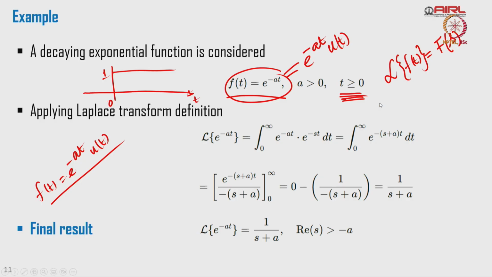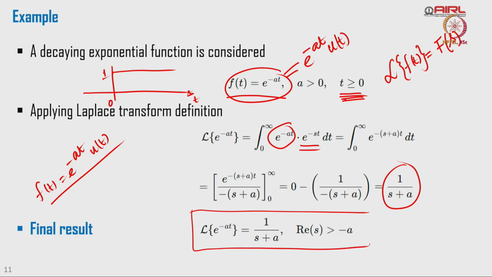Till that time we will do the integration. So what is our f(t)? Our f(t) is e to the power minus at. We multiply it with e to the power minus st, then we do the integration, and finally it comes out to be like this. Okay, so this is the final value, right?